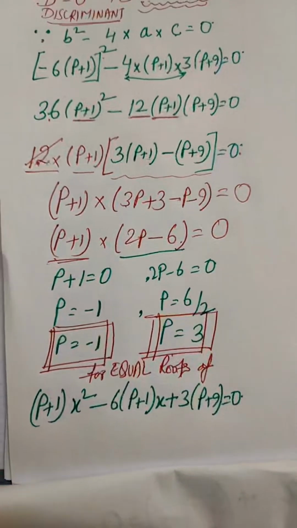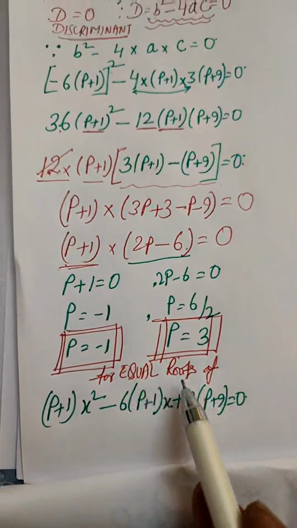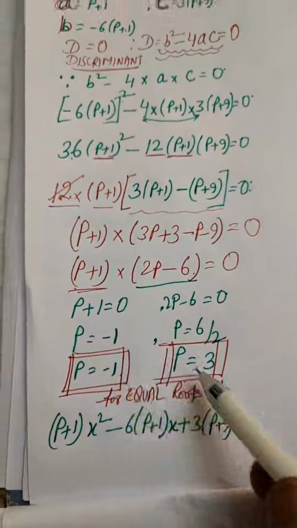So students, this was the quadratic equation which was given to you, and for equal roots we have to find the value of p, which we have calculated as minus 1 and 3.